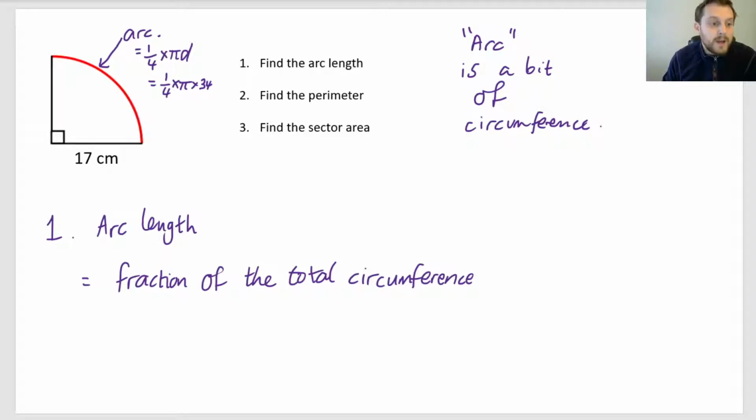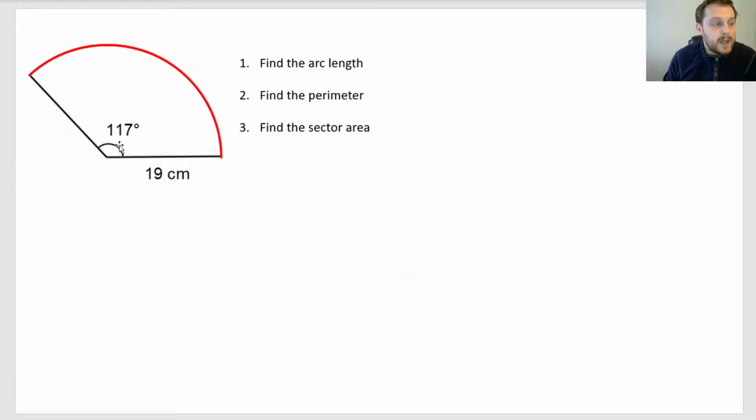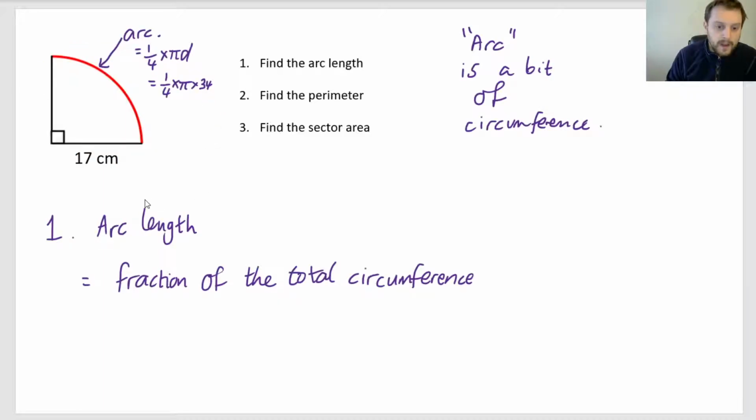If we have a more complicated situation though, for example here, where the angle is not a right angle, could be much more complicated, like here 117, the fraction we actually use is, so we use the Greek letter theta for a missing angle, and it's out of 360. So the fraction we're going to be using is the angle theta.